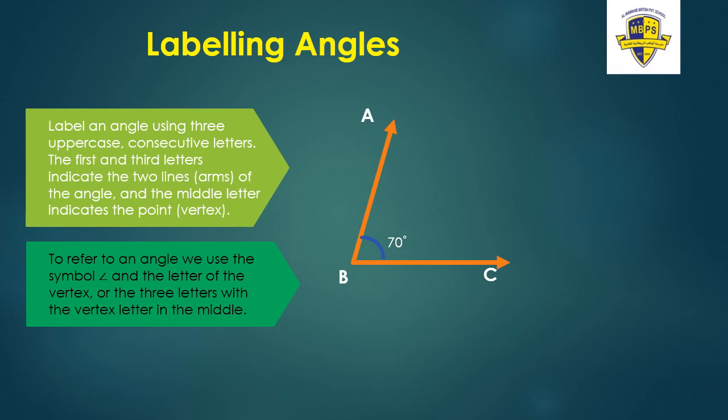What I want you to know, grade 5, is that I can say this angle is angle ABC, or I can say this is angle B. Same.